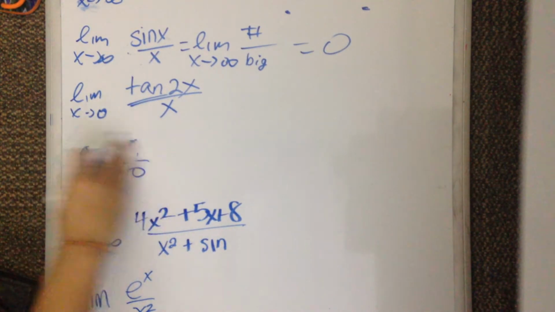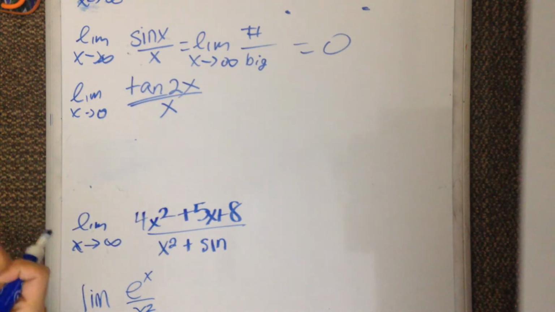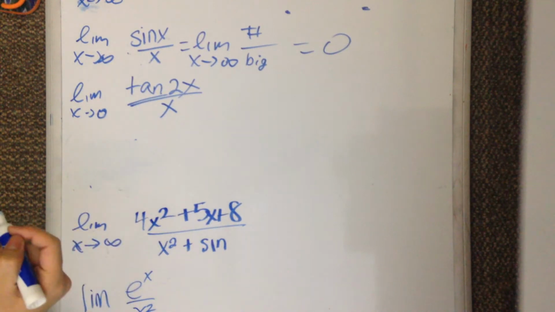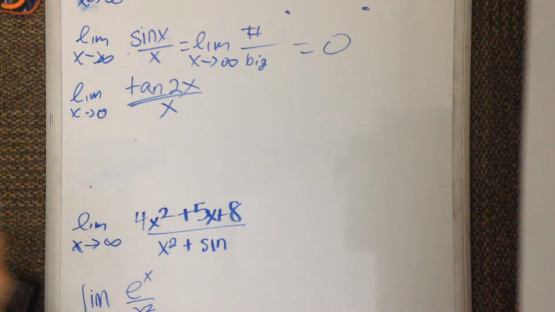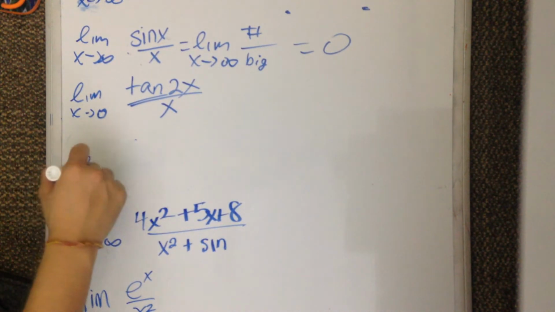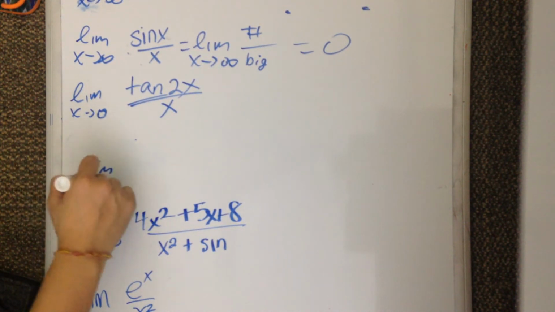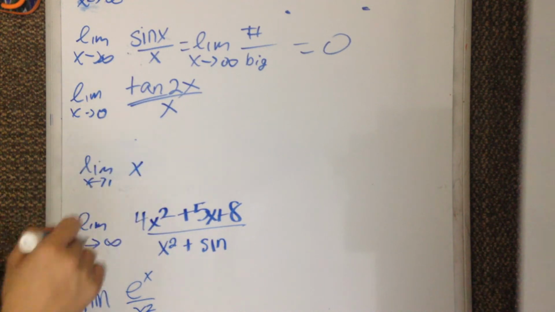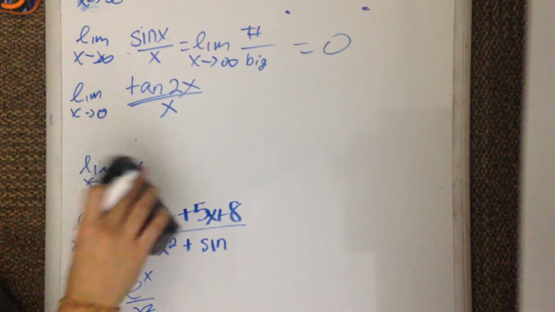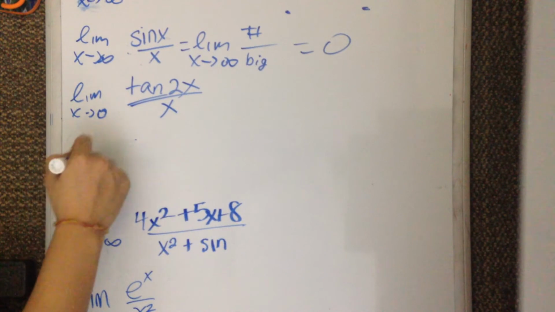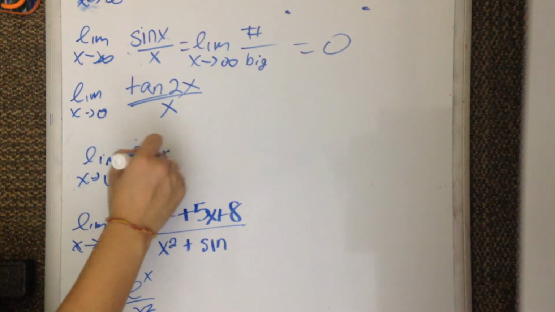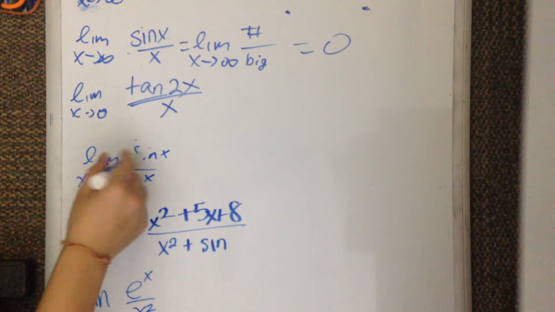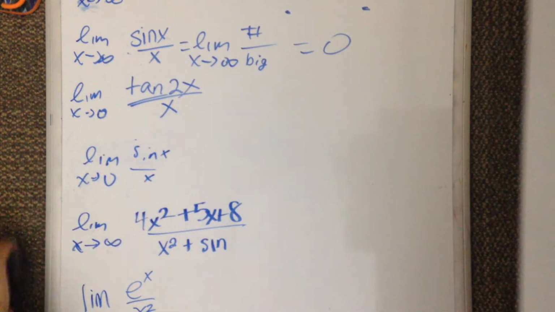We want to stay away from things that diverge or are infinite. So you only want to pull out stuff that evaluates as limits of constants. Like the limit as x approaches 1 of x, we're allowed to pull this out because it's a constant after we evaluate it. Same thing with the limit as x approaches 0 of sine of x over x, because this approaches 1. So we're allowed to pull that out.